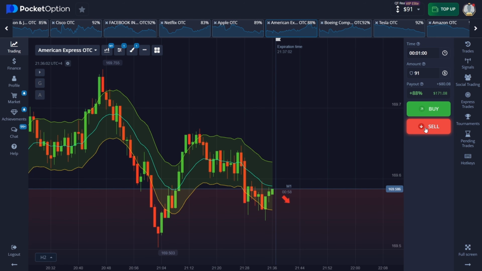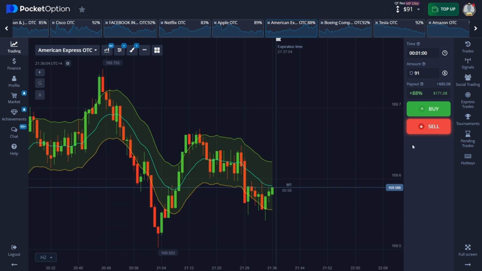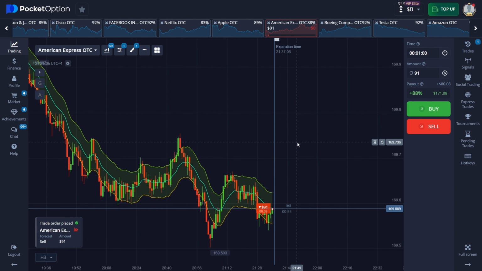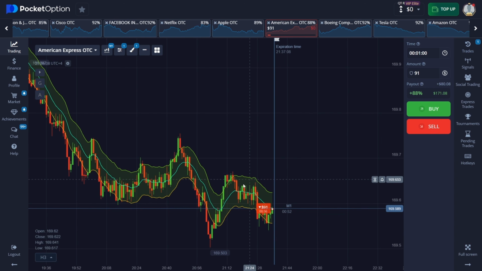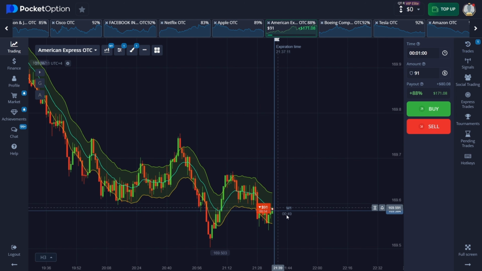The candle retraced and closed as a green candle near the middle level, so I took a downside trade with $91. The trend was already down, and the candle was moving within the envelope levels, which confirmed the trade.